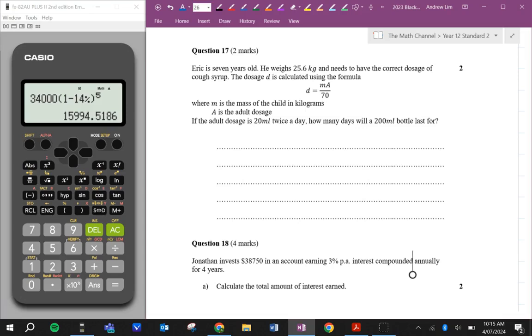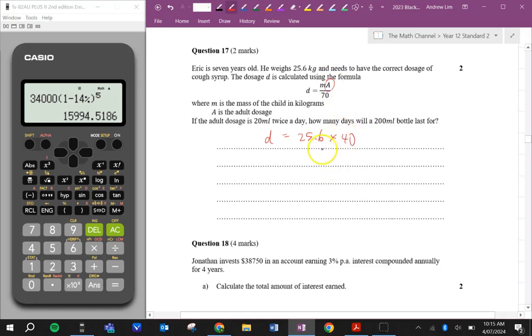Alright, so dosage is 25.6 kilos. So 20 mils twice a day, how many days will 200 mils last? Okay, so that makes me need to say that the adult dosage per day is 40 mils.